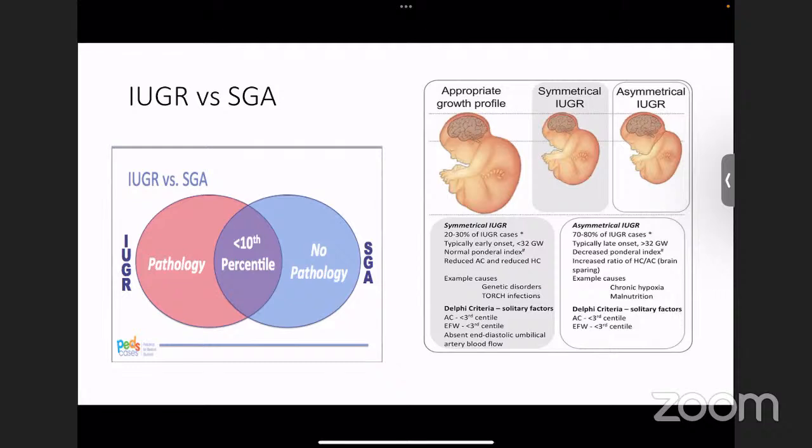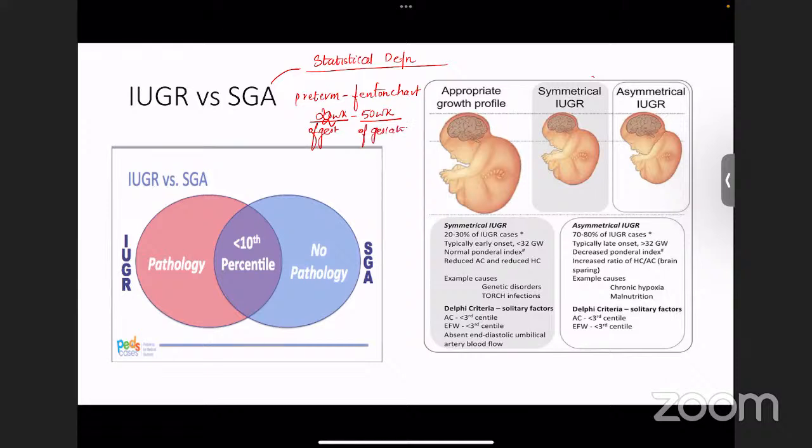Small for gestational age, which is known as SGA, is a statistical definition. Whenever you use a growth chart, for example, if it's a preterm baby, you use a chart called the Fenton chart, which is applicable from 22 weeks of gestation to 50 weeks of gestation.